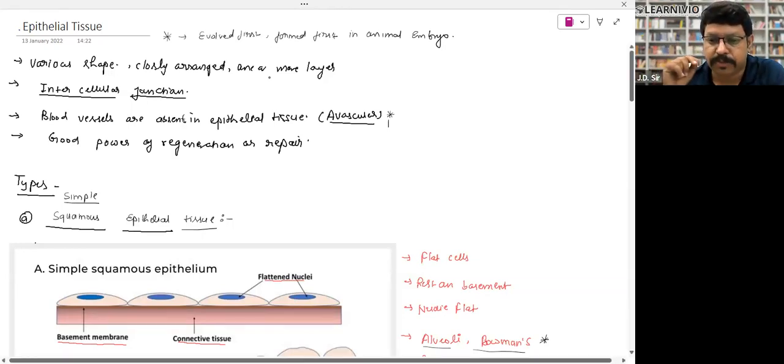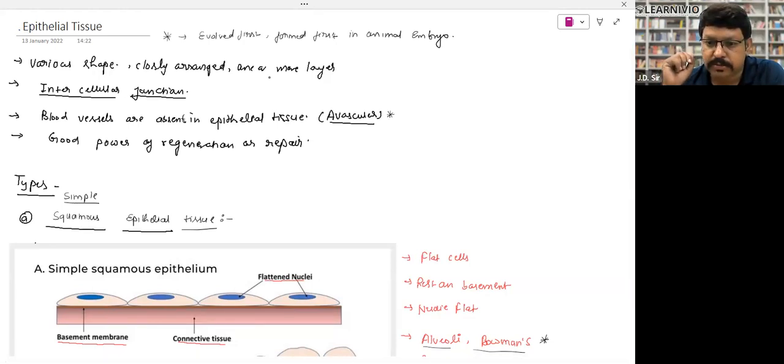Why am I telling you about swab cells? You must have seen that the most common cancer is mouth cancer. Do you agree with this or not? The most common cancer is mouth cancer, the cancer which develops in the mouth. Why?